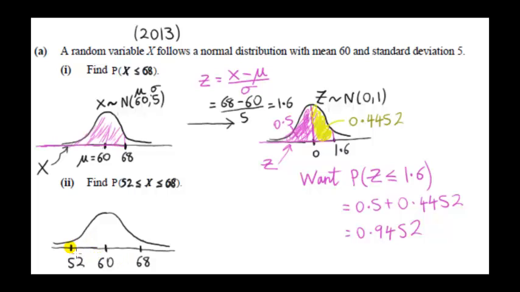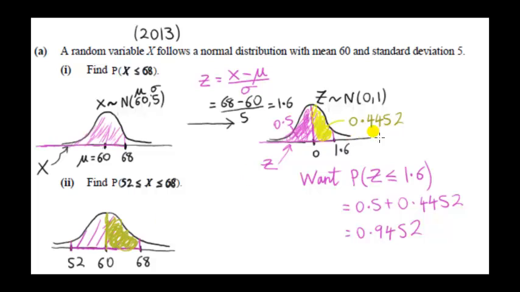Next, we want the probability that x lies between 52 and 68. So we want the area under the curve between 52 and 68. Notice here that the distance of 60 to 68 is the same as the distance of 60 to 52. So we can use symmetry to answer this problem. We've already gotten this area here.